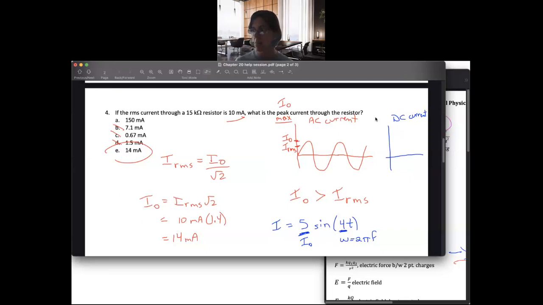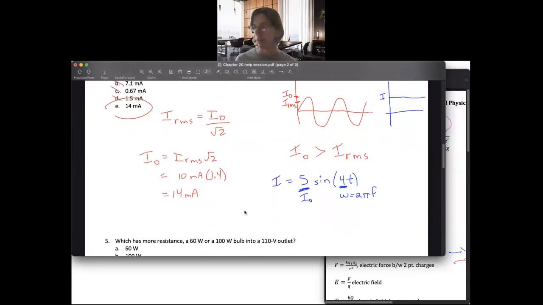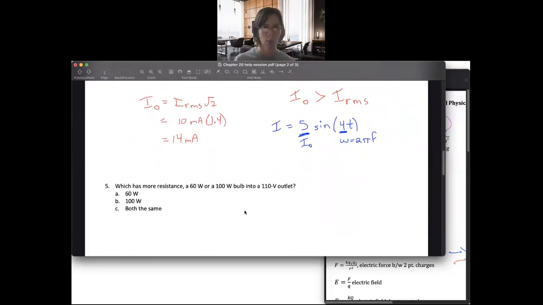So it doesn't go below the x-axis. That is correct. But there's no wave still. For DC current, direct current, it just means the current is not alternating, so it's just a straight line. So you have a constant current and a constant voltage. It doesn't change like the AC that changes back and forth. All right, let's keep going. If you have questions, definitely let me know.